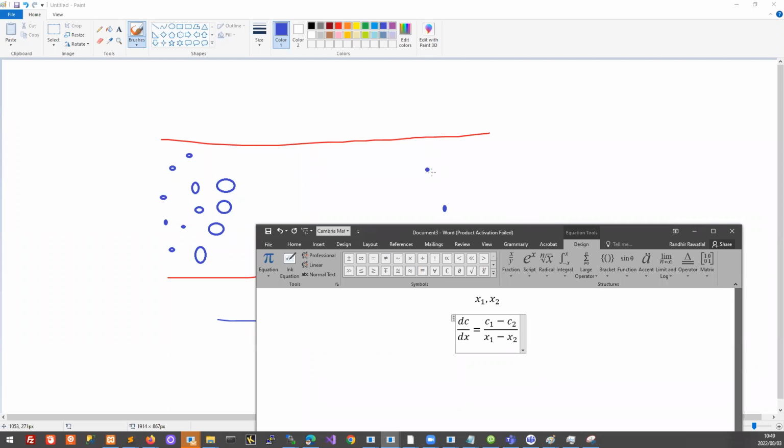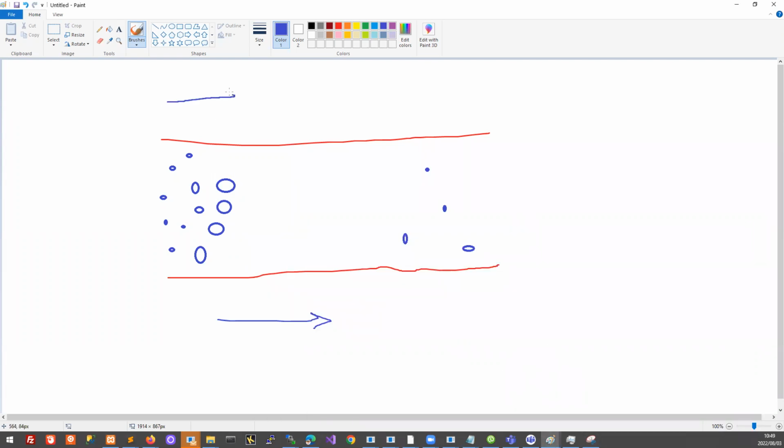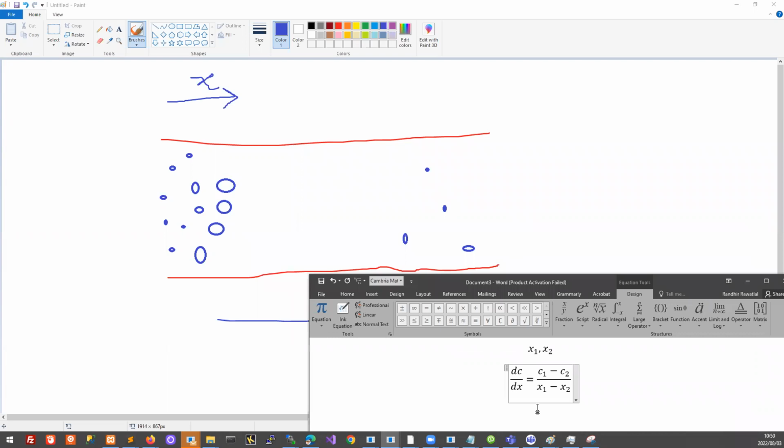C1 is more than C2, but X1 is less than X2. So if X is increasing in this direction, then X1 is less than X2, and so this is overall negative, right? So your concentration gradient is negative if we count X in that direction.